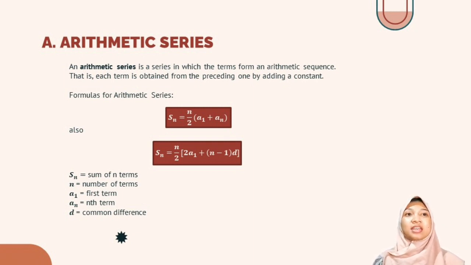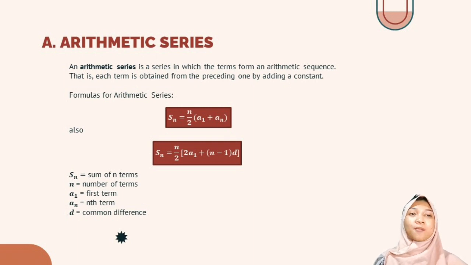That is, each term is obtained from the preceding one by adding a constant. Formulas for arithmetic series: the sum of n equals n divided by 2 multiplied by a sub 1 plus a sub n.